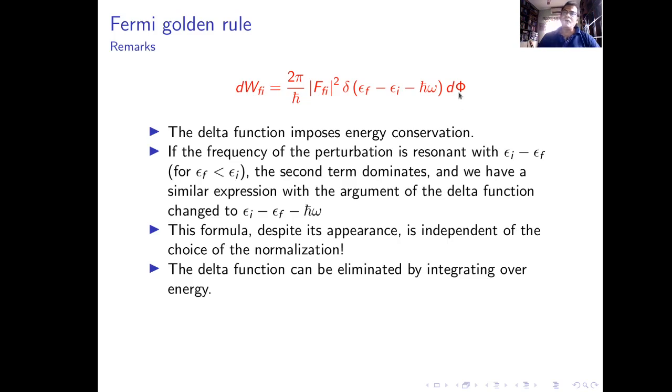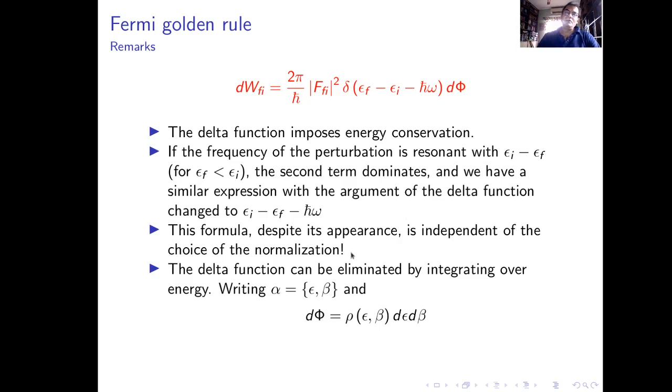Now, of course, all of these states should ultimately end up having an energy epsilon f, which is given by epsilon I plus h cross omega, because for all other energies, this thing is 0. So what we can do is eliminate the delta function by integrating over the energy and obtain a result which looks different but which essentially means the same thing.